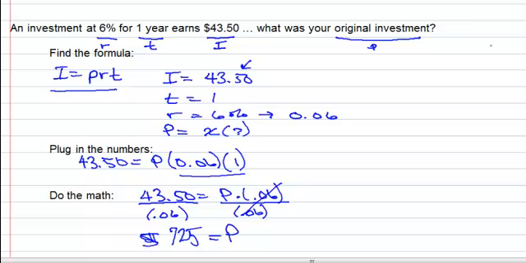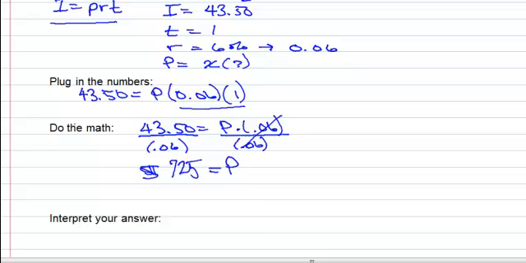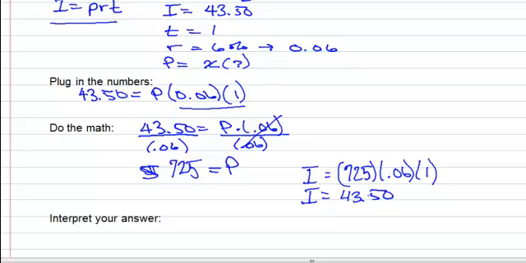And if you want to, you can check it by doing the reverse of what you just did. You could say interest is equal to principal, and we're trying to decide if 725 is our principal, times the rate of 0.06 times the time of 1. And when we multiply all that back together, we should get that original interest that we had. And indeed, when we multiply those together, we do get $43.50. So we know that we did a pretty good job there.